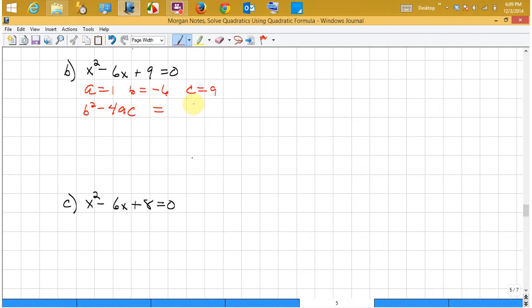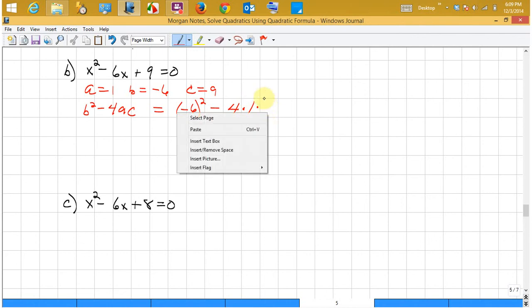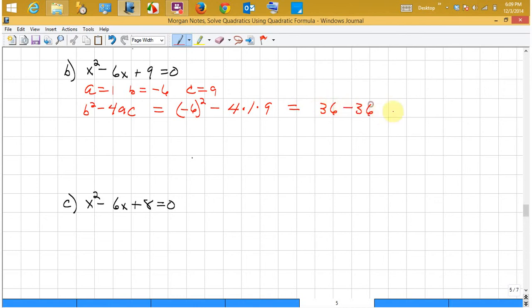So b squared would be a negative 6 squared minus 4 times a times c, which would be equal to 36 minus 36. That's equal to 0. So the value of the discriminant is 0. That would be one real solution.